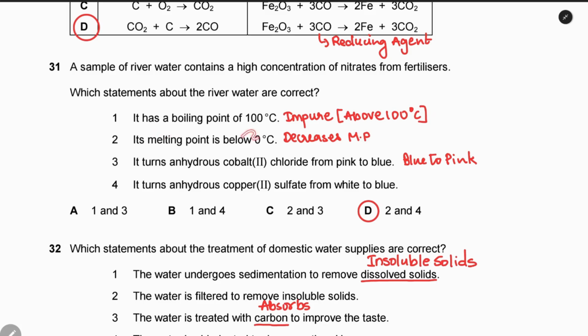Its melting point is going to be below 0 degrees Celsius, which is correct. It decreases the melting point. It turns anhydrous cobalt chloride from pink to blue? No. Anhydrous turns from blue to pink. It turns anhydrous copper sulfate from white to blue? So yes, it converts from white to blue. So the correct answer is 2 and 4.